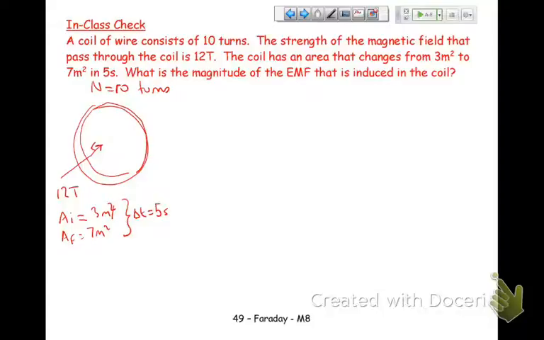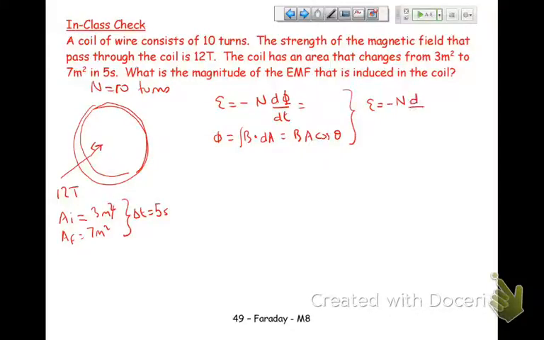So, okay, Faraday's law says that my EMF equals minus N d phi by dt, and also my phi is equal to B dot dA, which equals B times A times the cosine of the angle between. Bringing these together, E is equal to minus N d by dt of B times A times the cosine of the angle between.